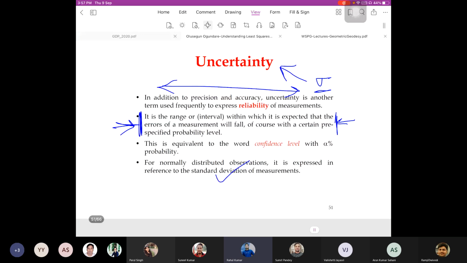Sir, can we apply this uncertainty concept in standard normal distribution, where mu is 0 and standard deviation is value 1? Sorry, I couldn't understand your question. Can we apply this uncertainty concept in standard normal distribution, where obviously mean is 0?